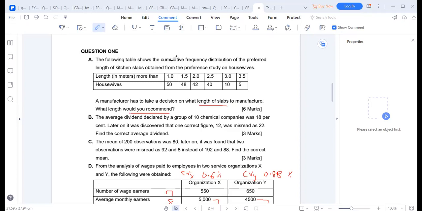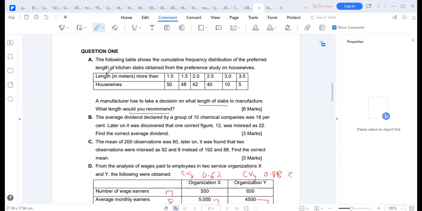The following table shows the cumulative frequency distribution of preferred length of kitchen slabs obtained from the preference study of housewives. So the manufacturer has to make a decision on what length of slabs to manufacture and what length would you recommend. So the first thing is we need to understand what the question is asking for.